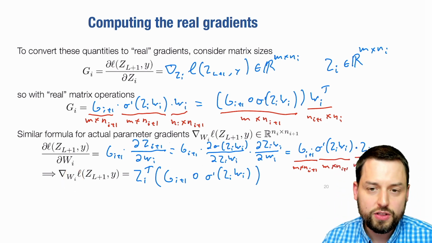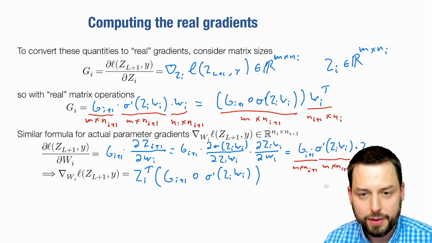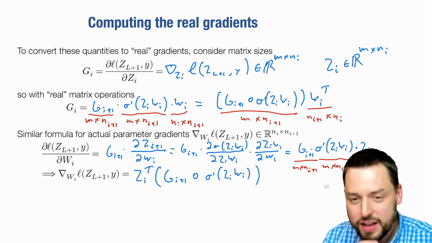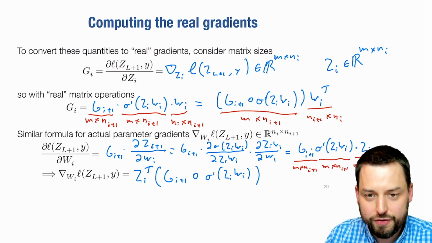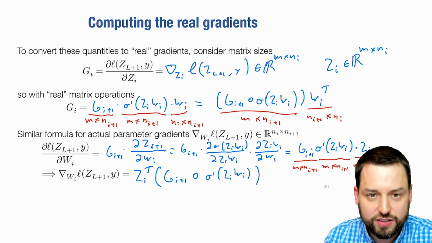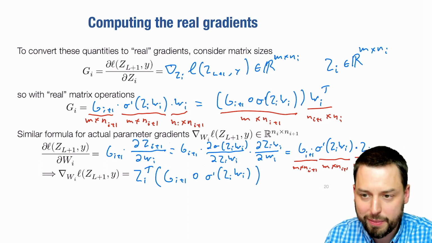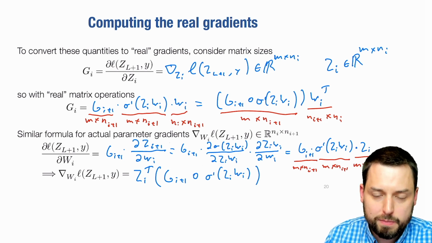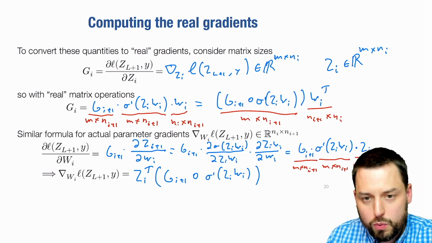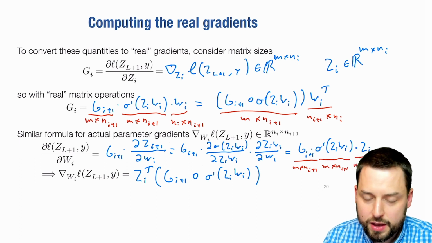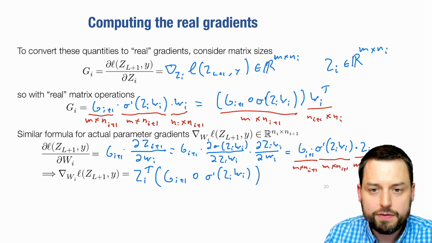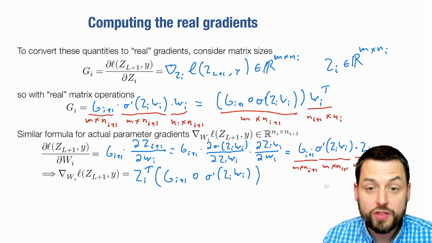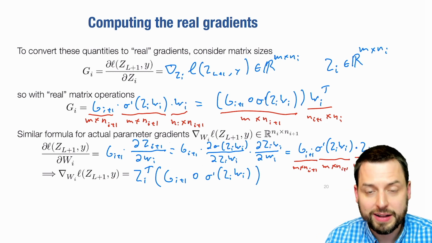But the reality is no one would actually implement it that way. No one would implement it anyway because everyone's going to automatic differentiation. But even if you were implementing backpropagation from scratch, and I'll talk about why the name is backpropagation in a second, you would always implement it using matrix operations. So what I really want to do from the start is show you how to derive those actual matrix expressions, because you're going to do little pieces of that when you do the equivalent matrix operations in automatic differentiation.